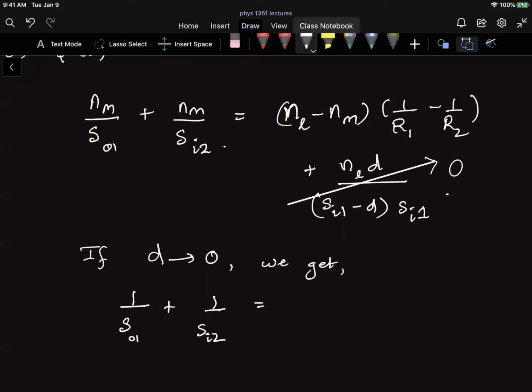And that gives us N_L minus N_M divided by N_M times 1 over R1 minus 1 over R2.